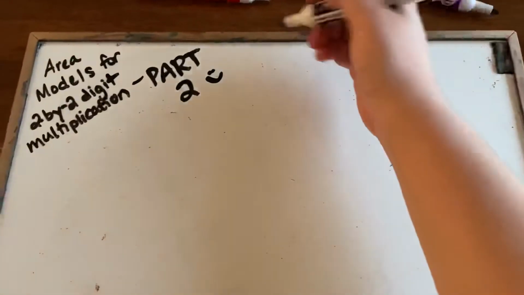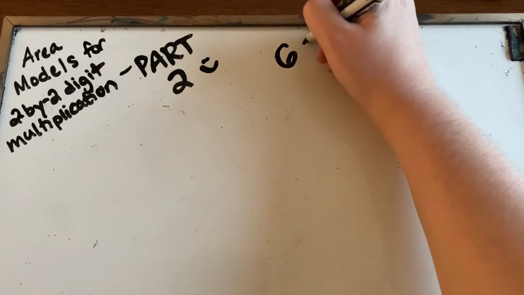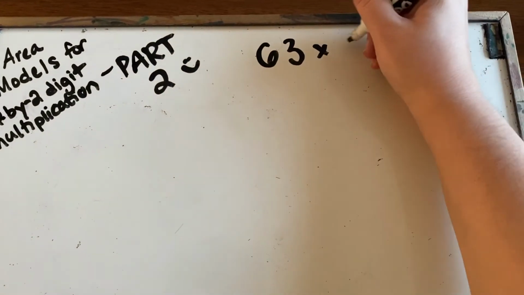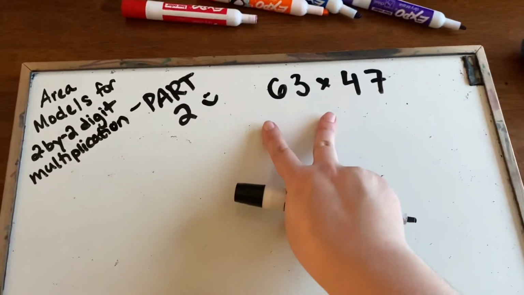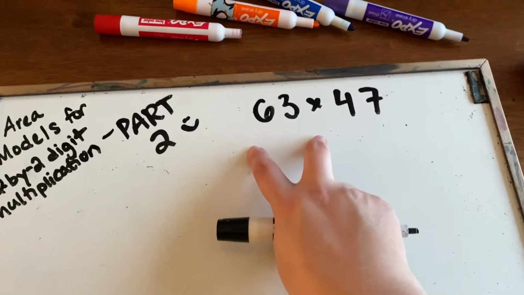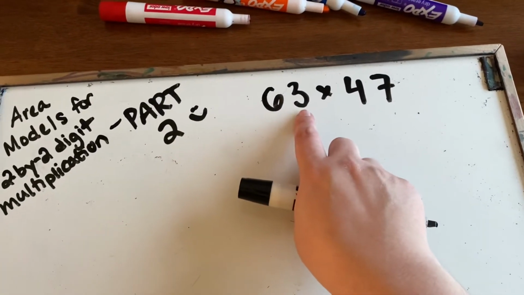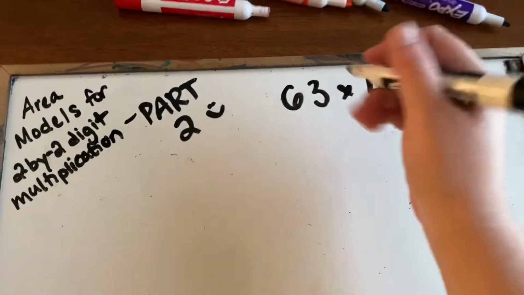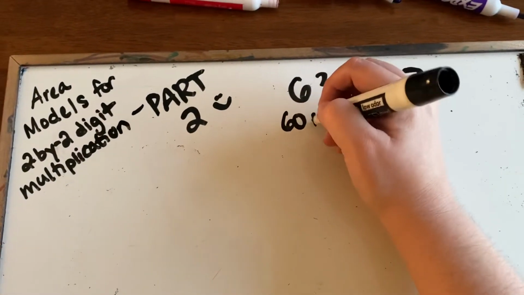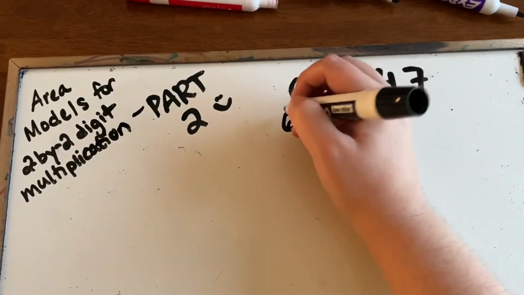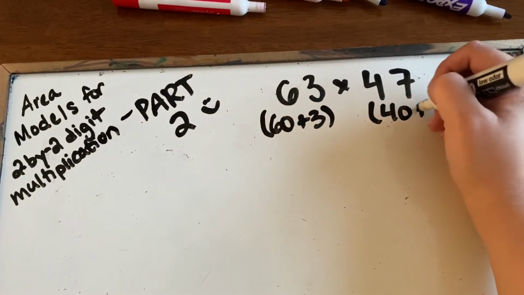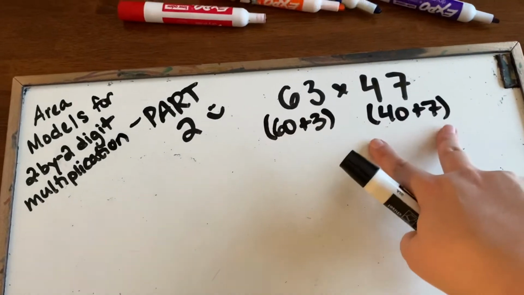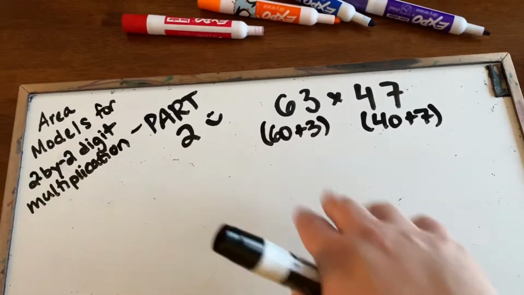Okay. So now I'm going to do 63 times 47. Same thing, split them up into their 2 pieces. So this is 60 plus 3, and this is 40 plus 7. And I put the parentheses around them this time to keep them separated.